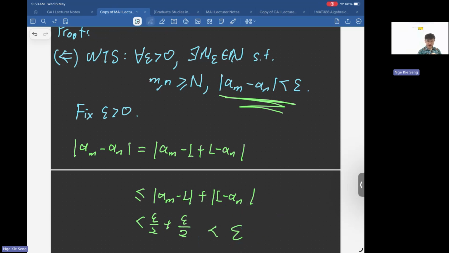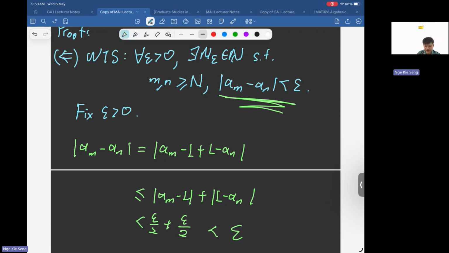Okay, so in this case here, how to find this N epsilon? So fix epsilon greater than 0.